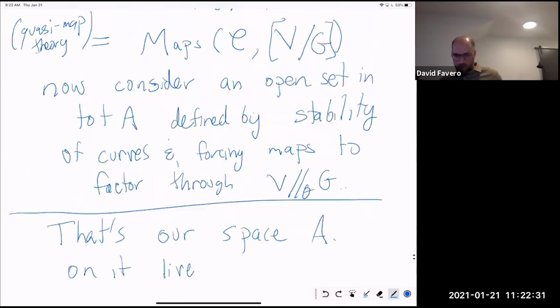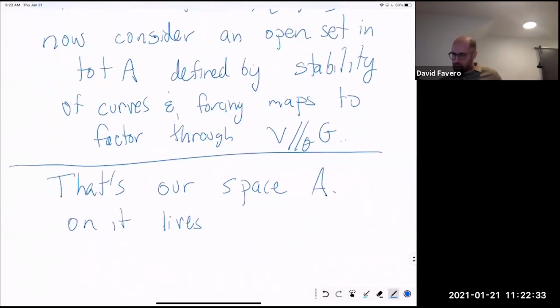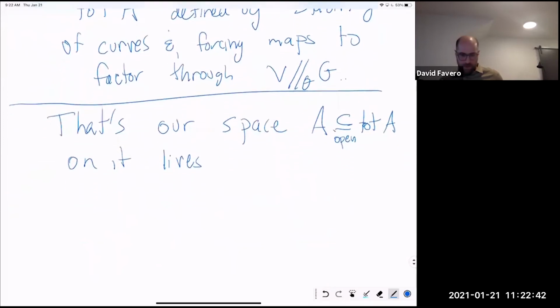On it lives a matrix factorization, described in the following way.